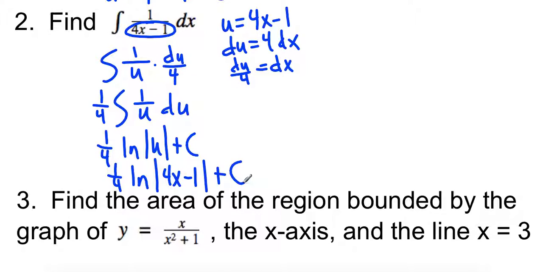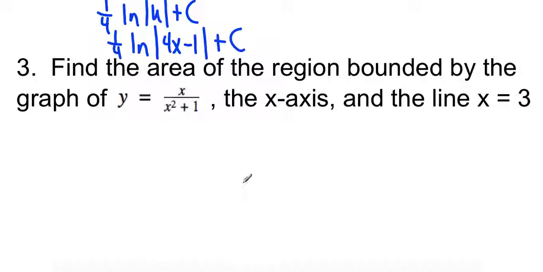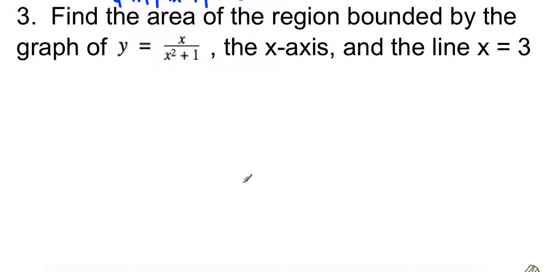Okay. All right, let's check out one more, and I think this is a definite integral. So we want to find the area of the region bounded by the graph of y equals x over x squared plus 1, the x-axis, and the line x equals 3.